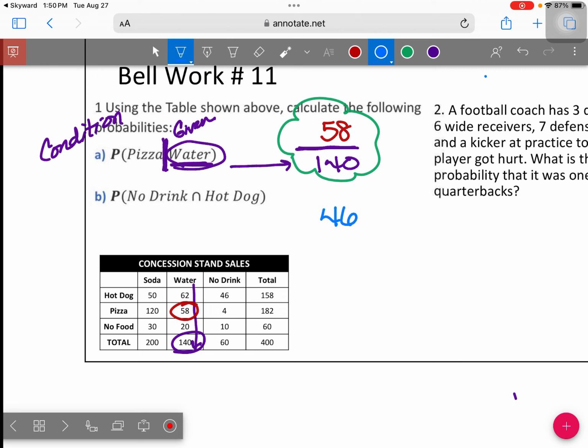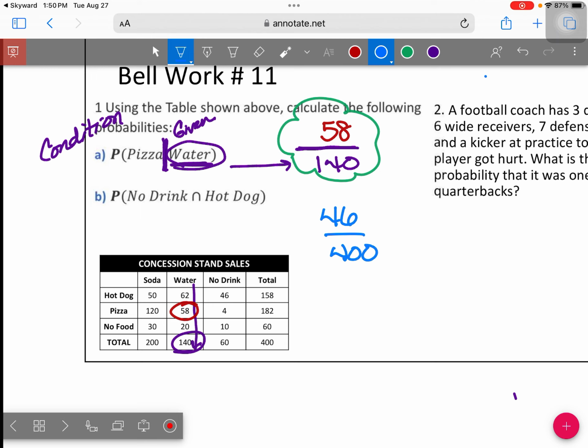That's my probability, right? 46. That is not a number between 0 and 1. I need a denominator. 400. 400.